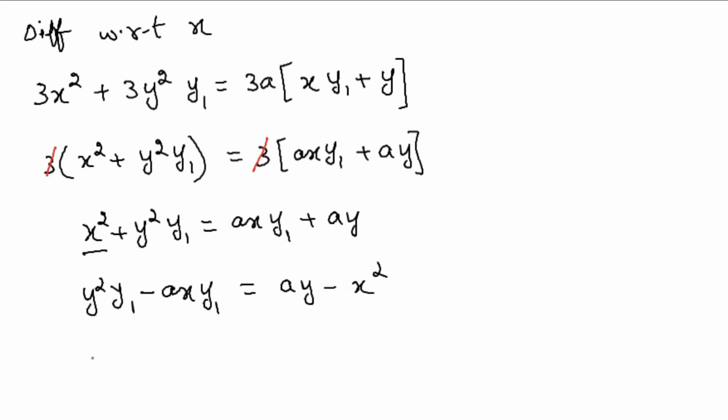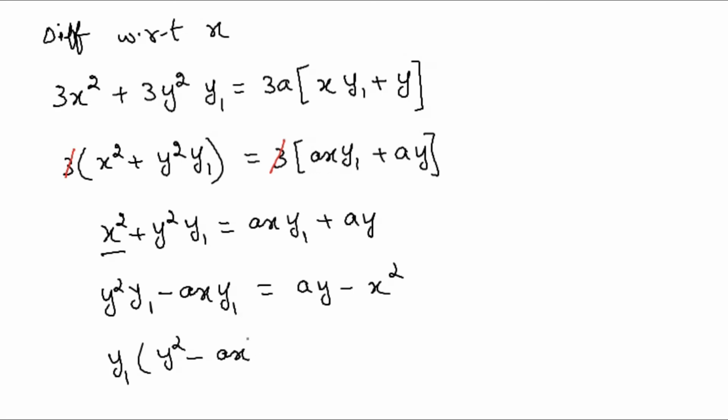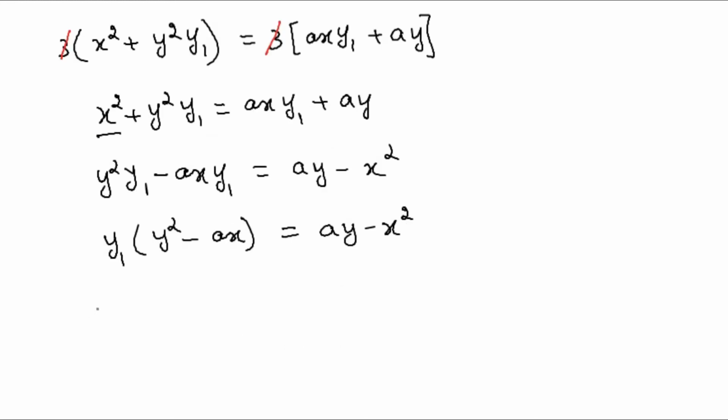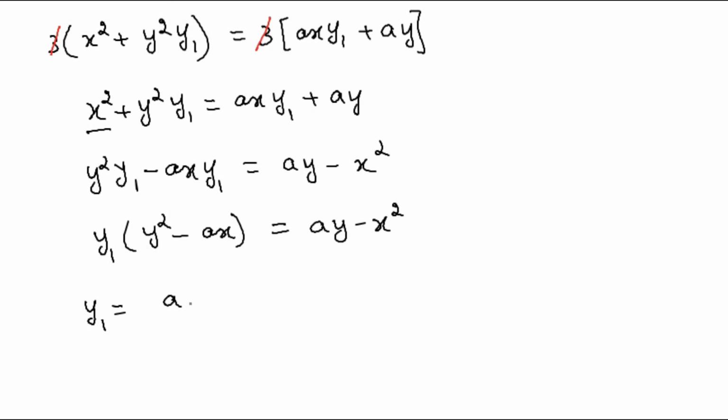If I take y1 common outside from here, I'll be left out with y square minus of ax. That will be equals to ay minus of x square, or y1 will be equals to ay minus of x square. You can cross multiply this value that comes in the denominator, y square minus of ax. We got the value of y1.